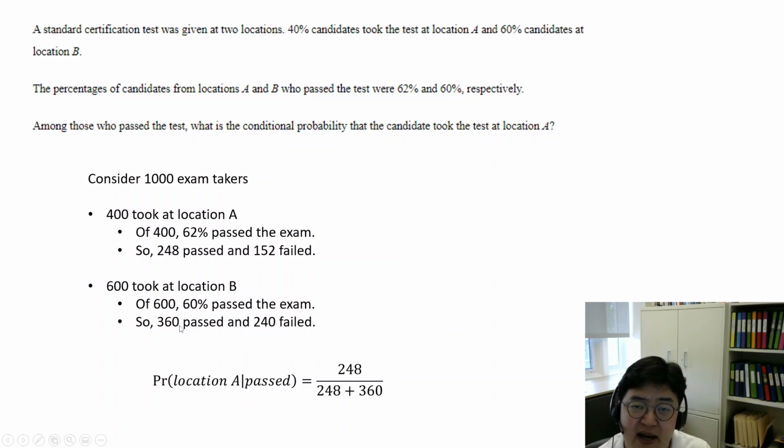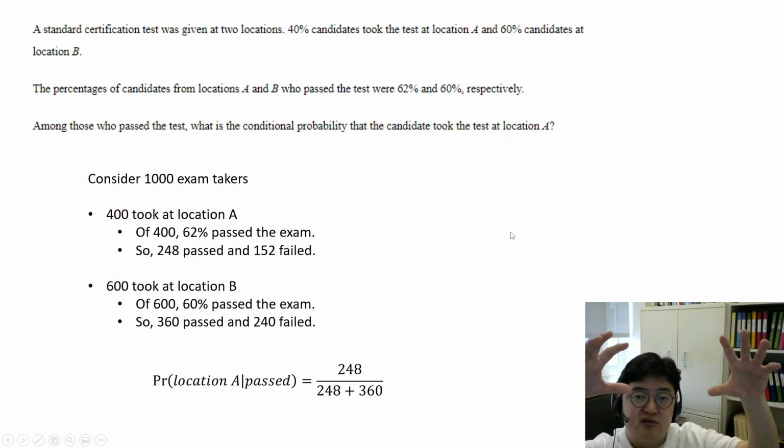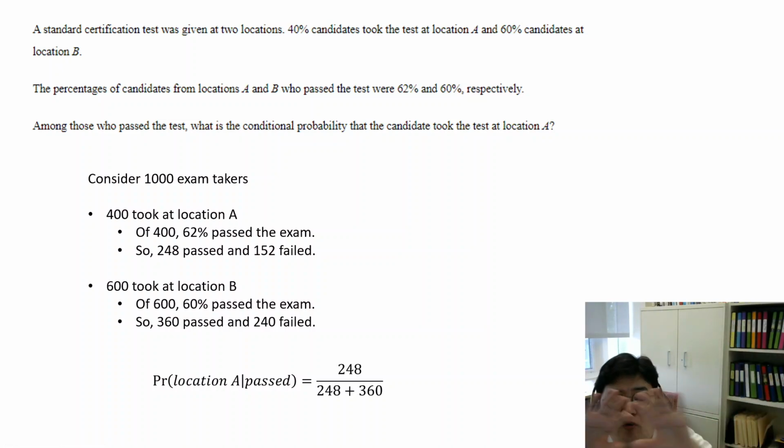And 600 minus 360 equals 240. This is the number of takers who failed the exam at location B. Okay, so we classified 1,000 exam takers into A and B by location, and then classified them again whether they pass or fail, depending on the location, using conditional probabilities.